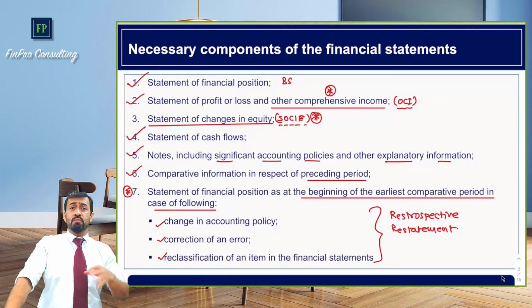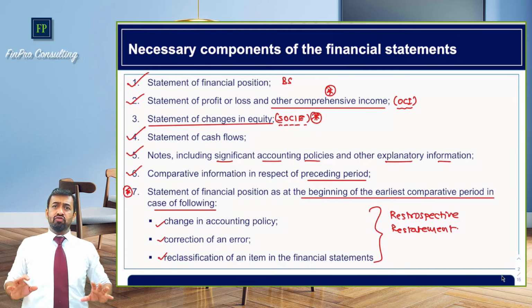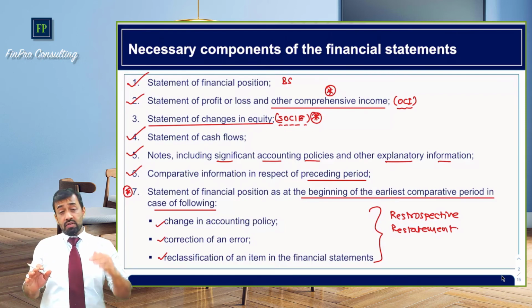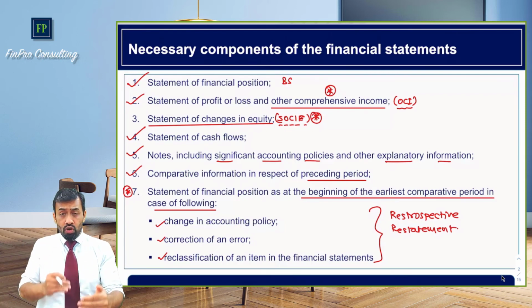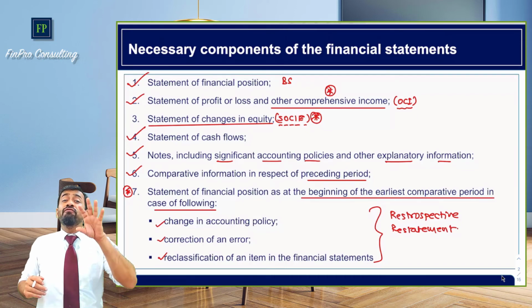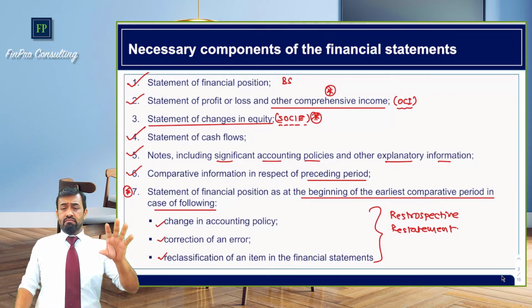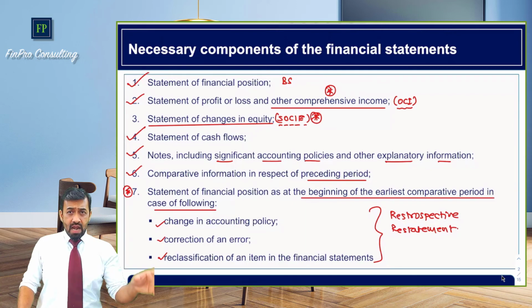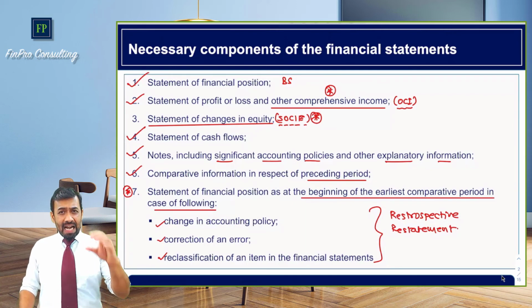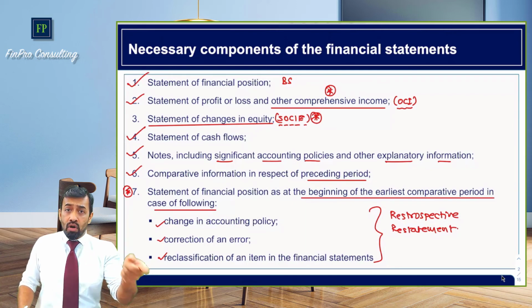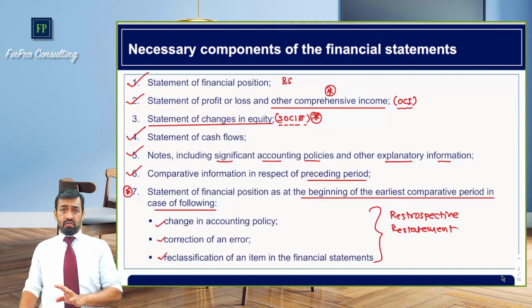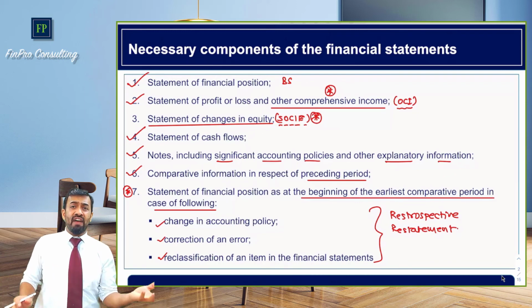Corporate social responsibility report is not part of the financial statements. Financial statements comprise only the 7 line items. Components like the director's report and MD&A report will form part of the annual report, not of the financial statements. So those are outside the financial statements.